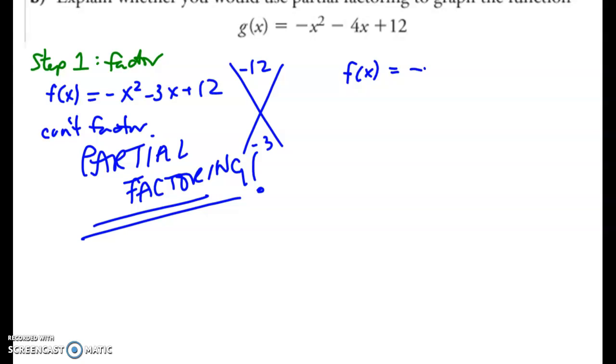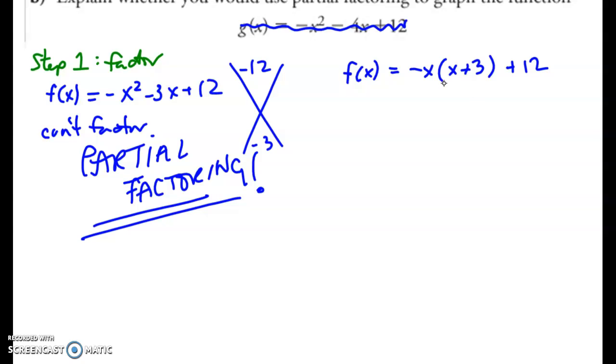In this case, it would be a negative x, and then we'll be left with an x plus 3, and then the plus 12. Keep in mind this is not the function we're using. That was a part B of the question. Okay, so we've partially factored it now, looking at the first two terms.